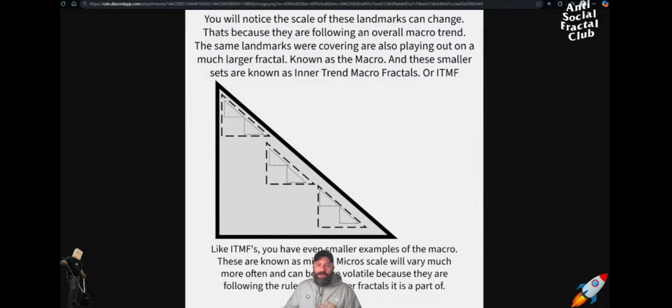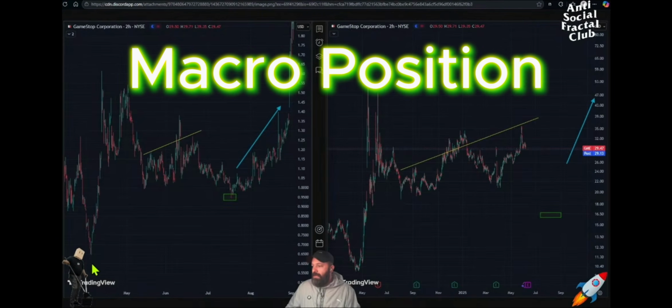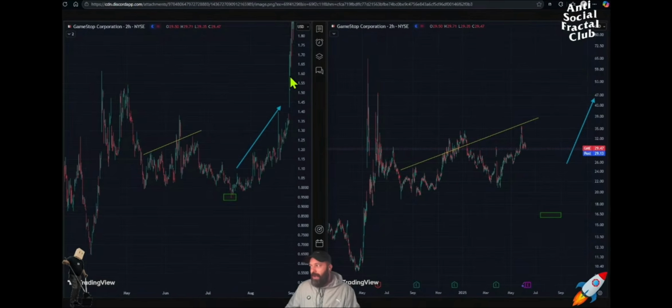So I use 2021 as our macro position. That would be this section here from April 2020 until our breakout of September to October of 2020. Here's our side-by-side. This was from last summer.